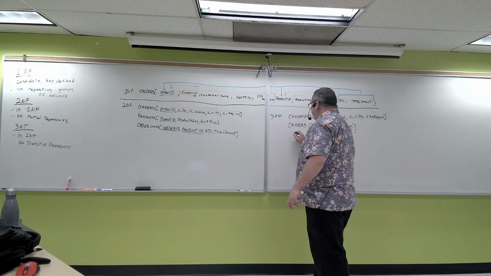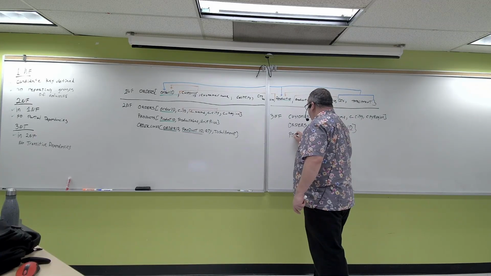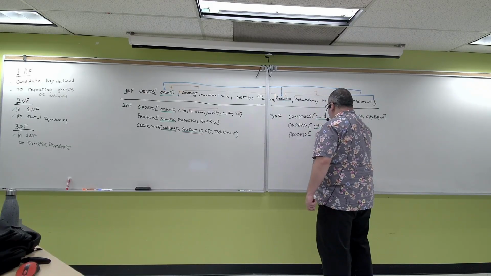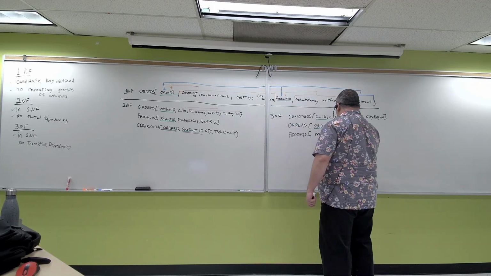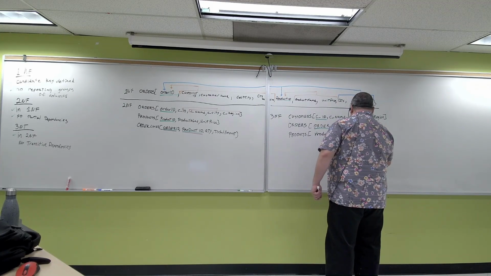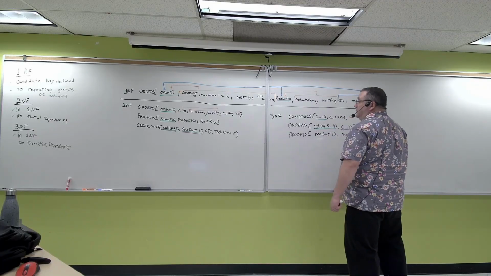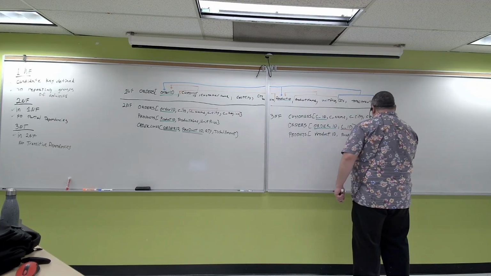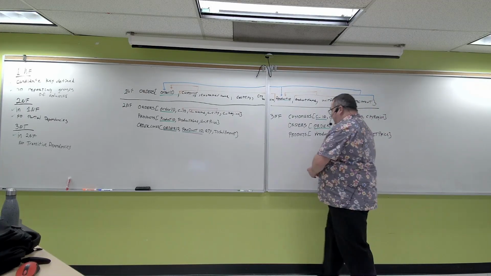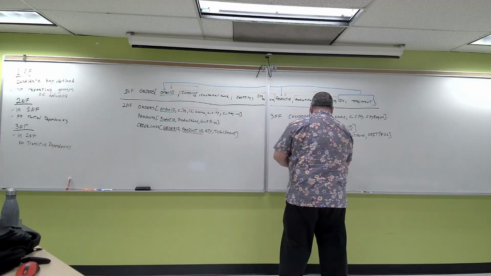All right, so then we have products. Like this, which is our product ID, product name, unit price, and that's our primary key here.